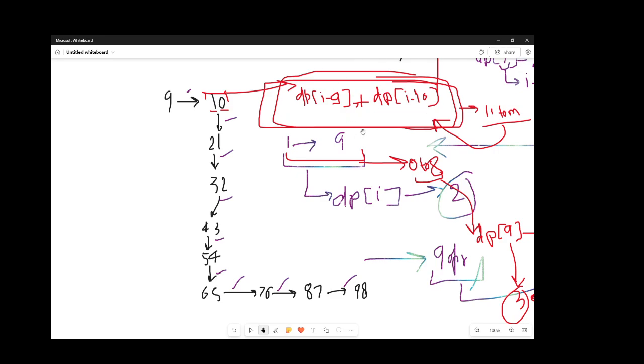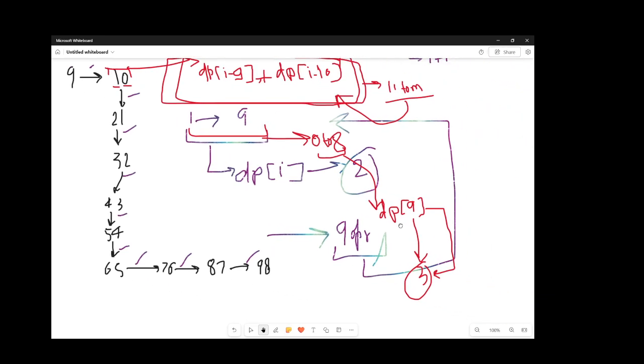So this will be generating all the further operations. You can try and run it and you will understand that. Let's suppose 20 operations, 30 operations. So for 20 operations, it would be dp of 20 minus 9, how much? 11. And this will be 20 minus 10, dp of 9 plus dp of 10. So now solve dp of 9. What is dp of 9? dp of 9 is 3, right?